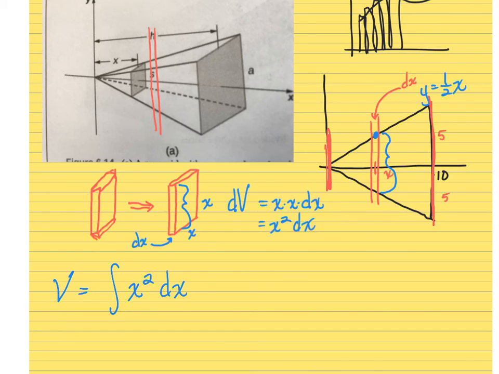So I start making my slices at 0, and I stop making my slices at 10. And that's the integral. If I can evaluate that integral, then I will have the volume of the solid. And it looks to me like we get 1,000 over 3 minus 0, or 1,000 over 3 is the volume, and say this is inches cubed.